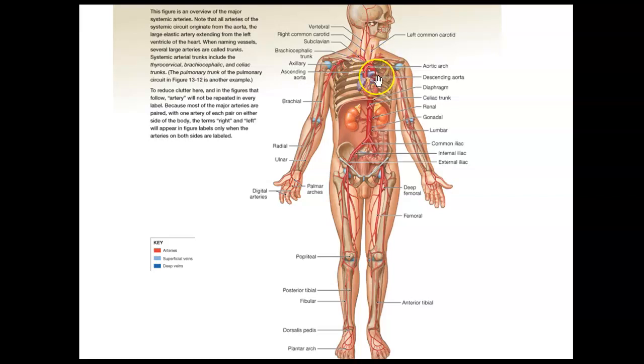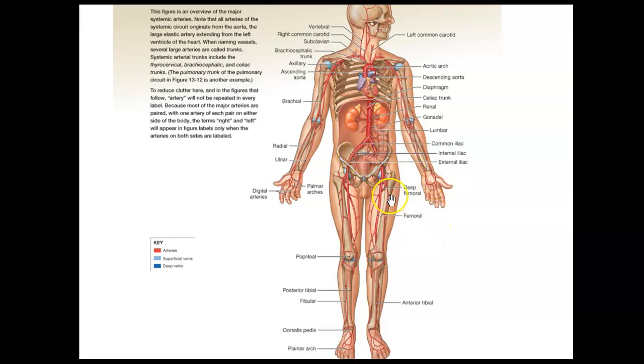We have the descending aorta. We have the diaphragm, which of course is a muscle. Then we have the celiac trunk, the renal arteries, gonadal arteries, lumbar arteries, common iliac, and then the common iliac becomes the external iliac, but then a branch of it is the internal iliac, that's a smaller branch here.